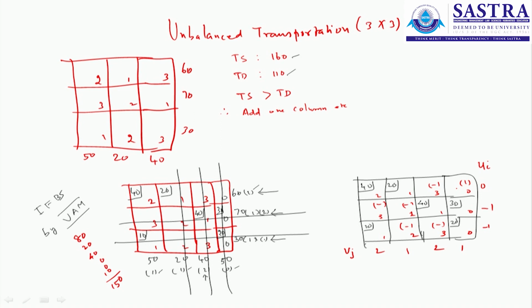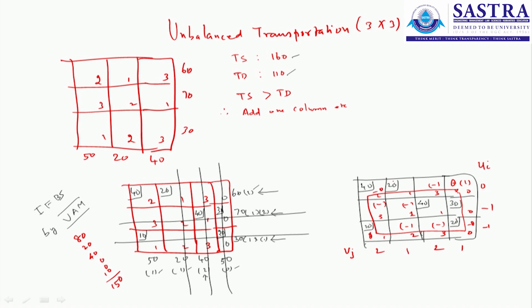Now, we have to start the loop from 1,4. Then if I can turn here, then I cannot turn there. So, the only possibility is I have to come here, then go there, then come here, then come here. If you keep this as theta, this will be minus theta, this will be theta, this will be minus theta.